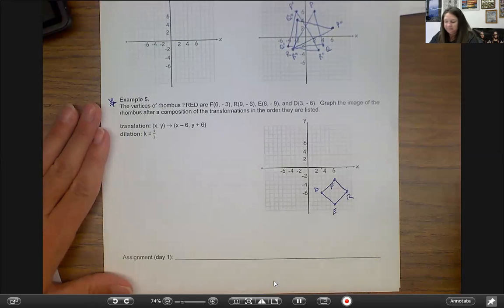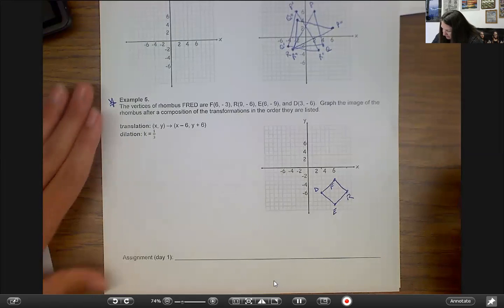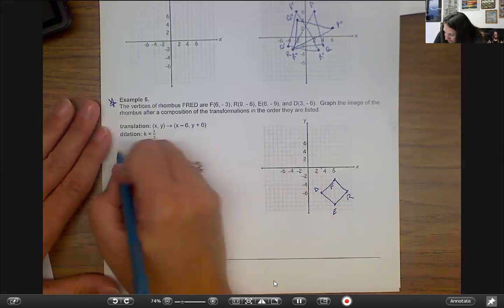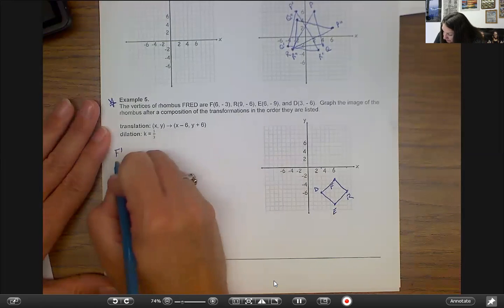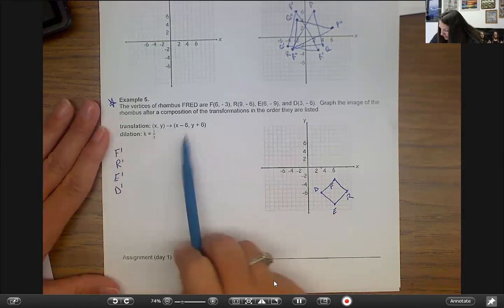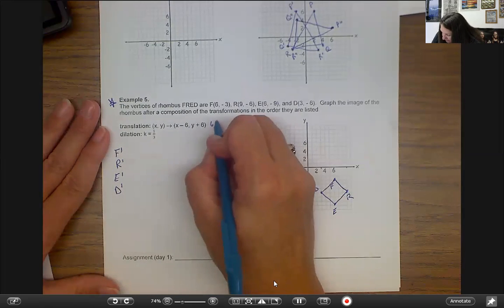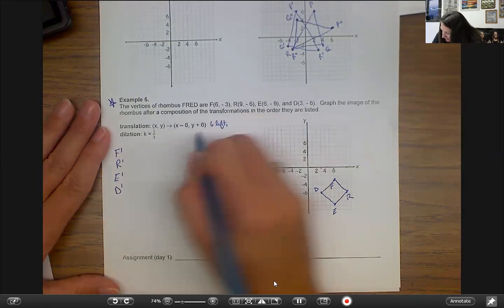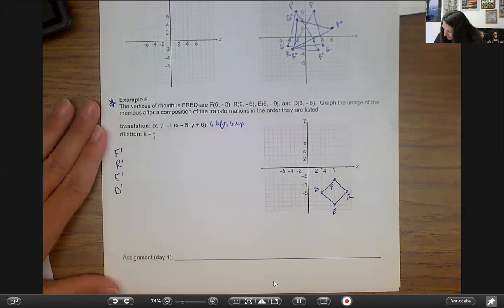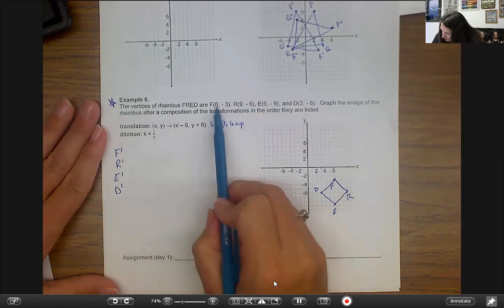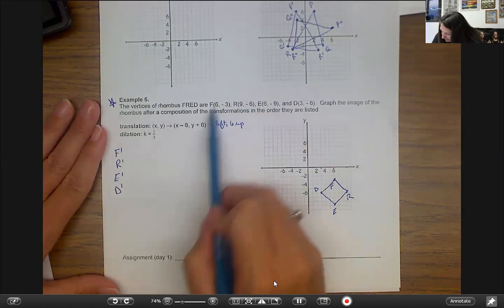All right. Now, if we were to move 6 left and 6 up, I can just plug those coordinates in.